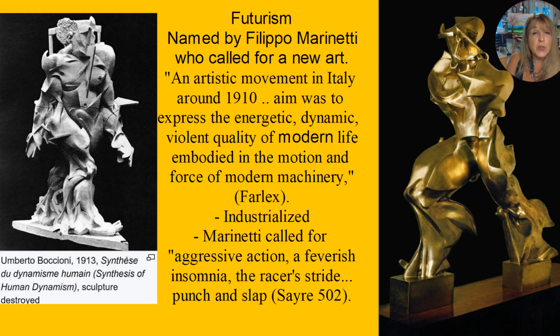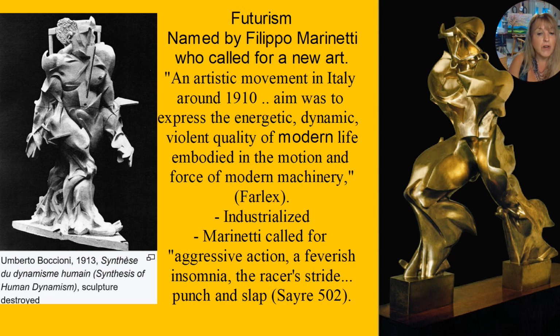So this is Futurism defined, from Filippo Marinetti, who called for a new art, a futuristic art. So this was around 1910. The aim was to express the energetic, dynamic, violent quality of modern life, embodied in the motion and force of modern machinery.